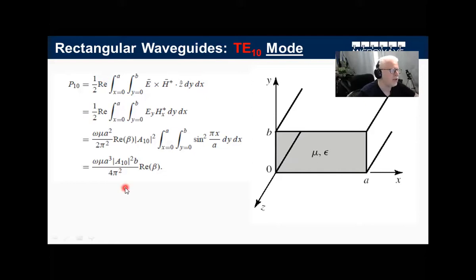There is also a very important point here: the power is a function in real beta. Whenever beta is imaginary, with a frequency smaller than the cutoff frequency, the power will tend to be 0, and no power will propagate. So power will only propagate if the frequency is greater than the cutoff frequency.